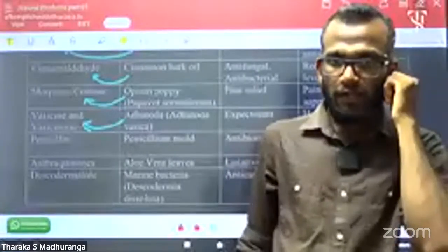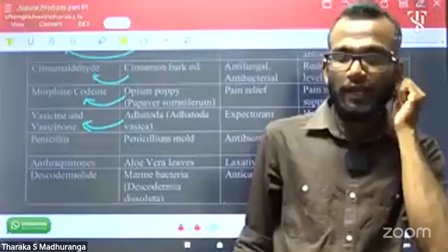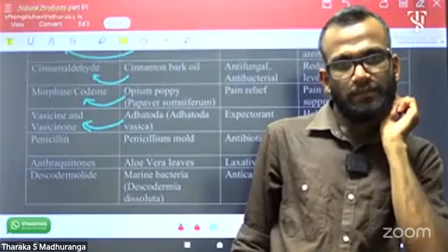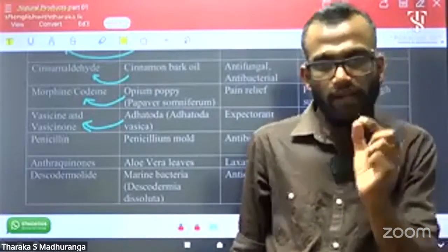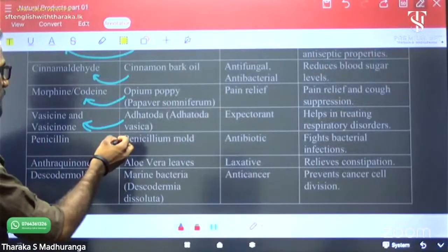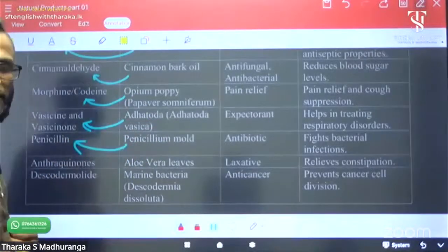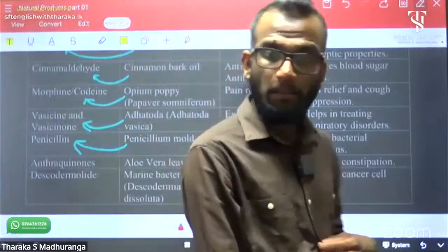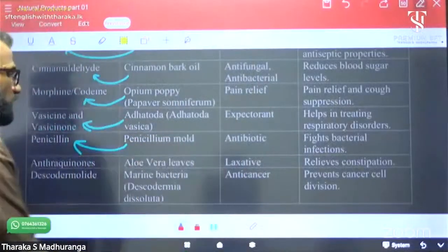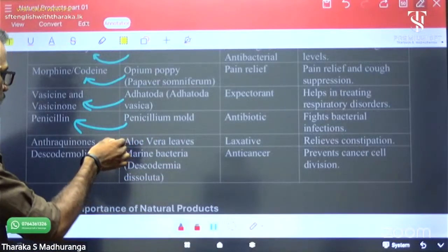Sometimes they call it pavatta. Adathoda contains vesicine and vesicinone. Penicillium is a fungus. It produces penicillin, which is an antibiotic. It's a microorganism, right? Aloe vera leaves produce anthraquinones.